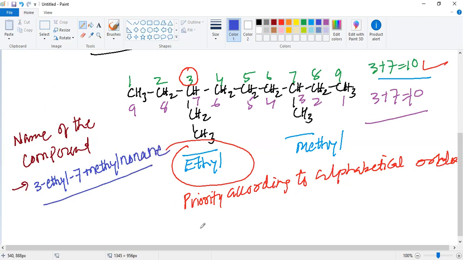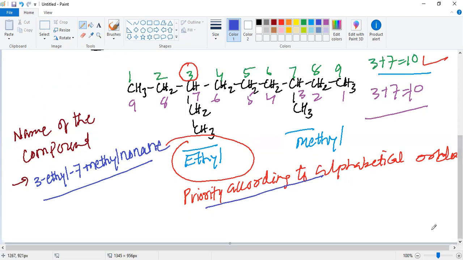So please understand, my dear students, that when we have the same sum, so when the sum of the numbering is also the same, then again the priority is given to the alphabetical order, and then the names are given according to that priority.